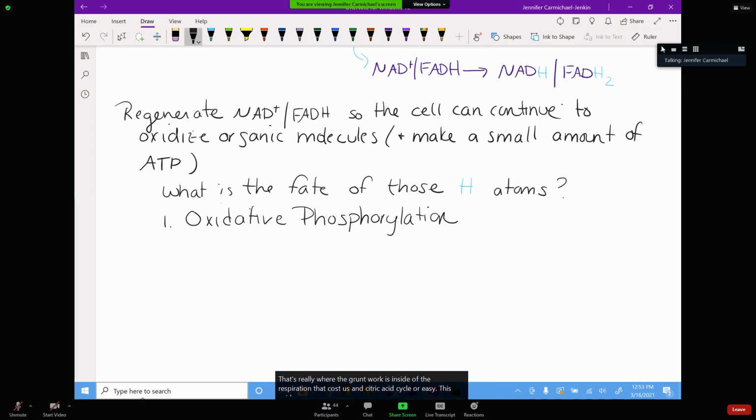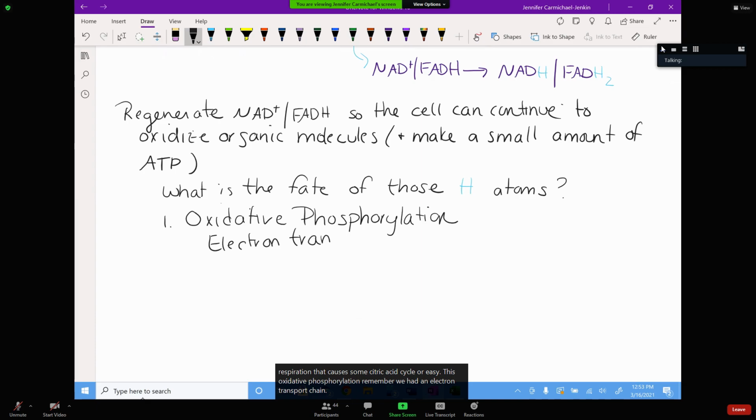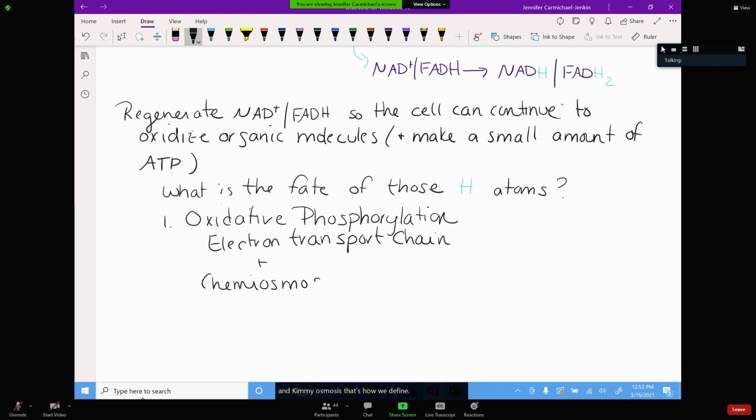With oxidative phosphorylation, remember, we have an electron transport chain and chemiosmosis. That's how we define oxidative phosphorylation. And where did those hydrogen atoms go? Well, they went to oxygen, right?